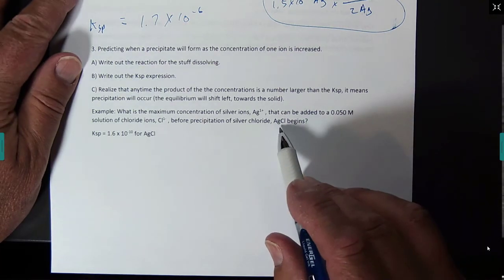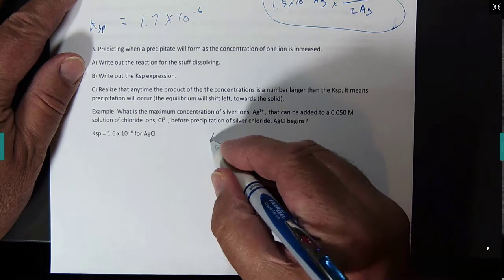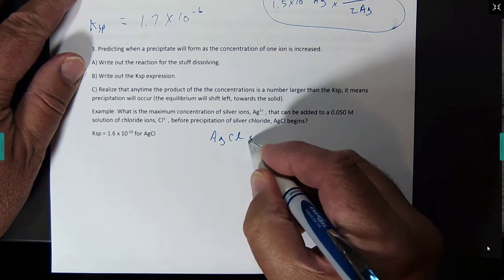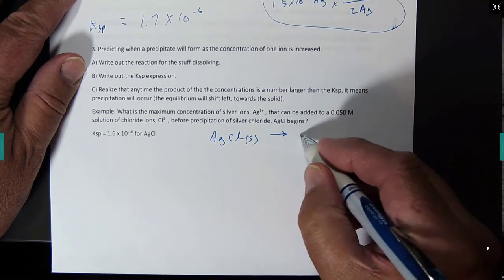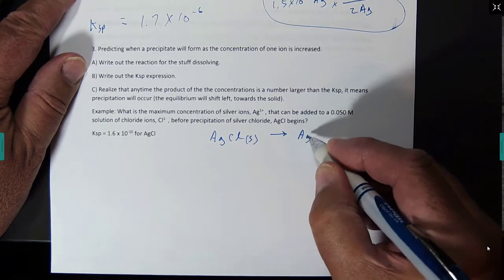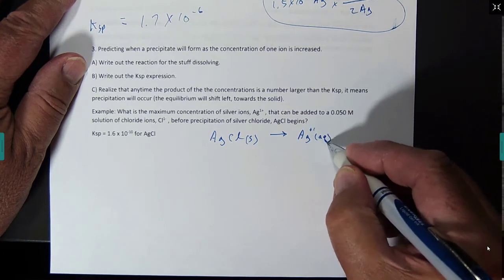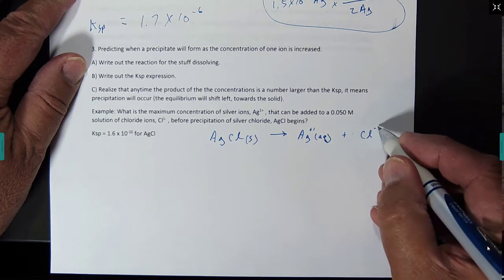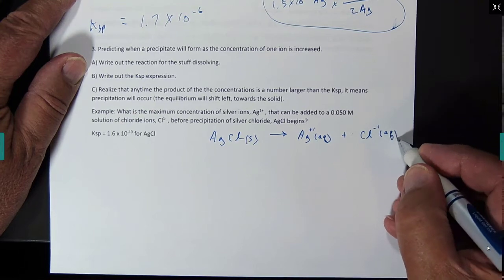So silver chloride is what they're talking about, right? So AgCl is your solid. That dissolves, it gives you Ag+ aqueous and Cl- aqueous.